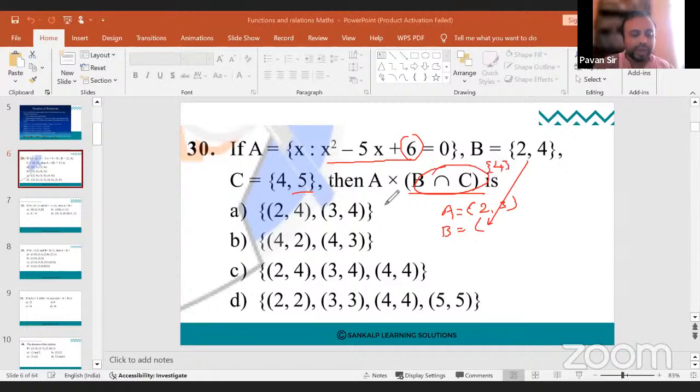Next, A cross, what is A? That is {2, 3}. So 2, 3 cross (B intersection C).